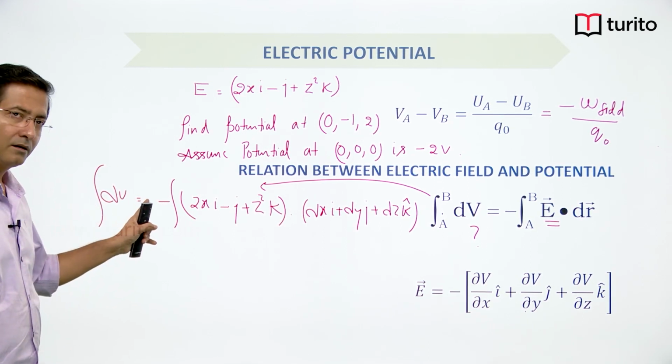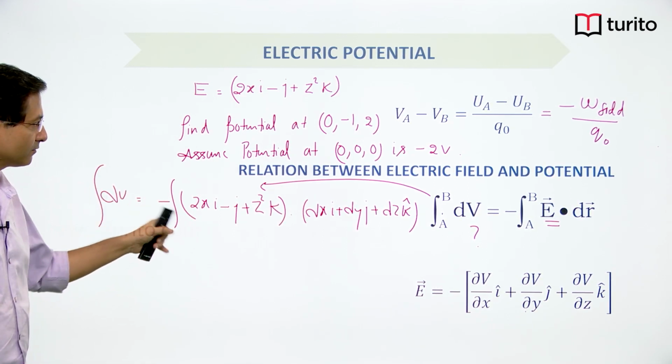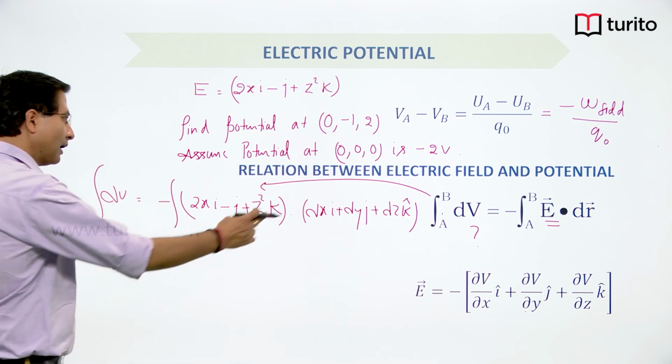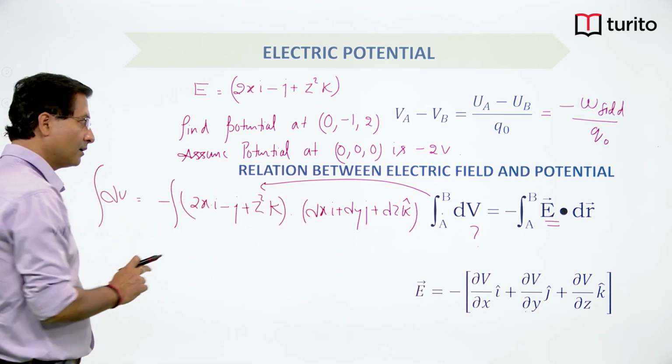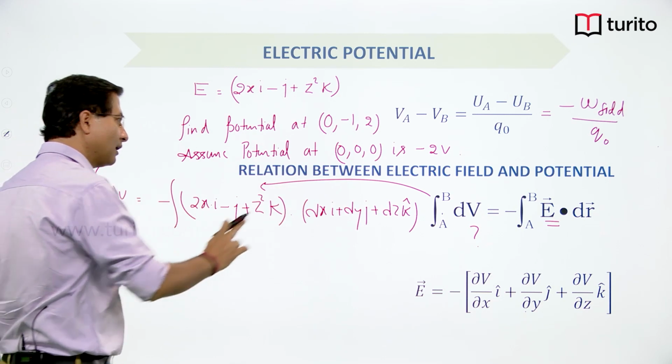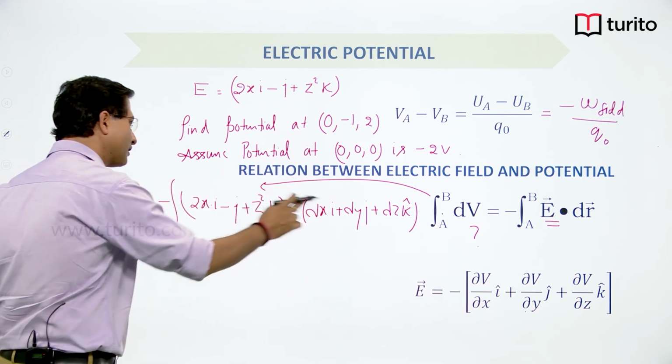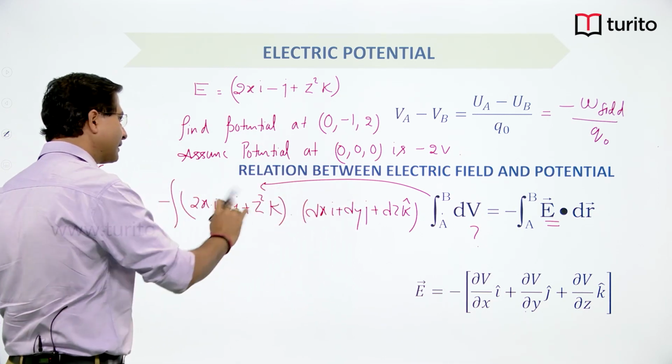Now, we will put the limit later, first let us simplify it. So, i dot i 1, j dot j 1, k dot k 1, and the cross terms are 0.